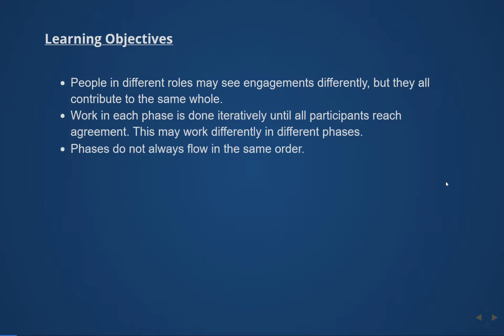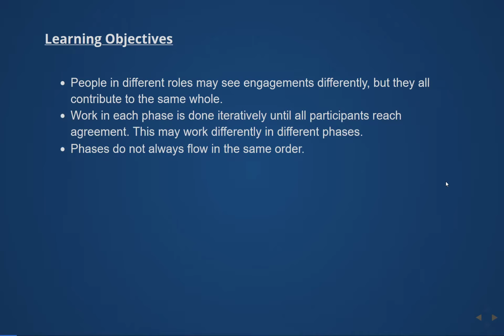Phases do not always flow in the same order. So this is not a cookie cutter do A, B, C, D kind of framework or guideline for how you work together to get things done. It's more of an art than a science.